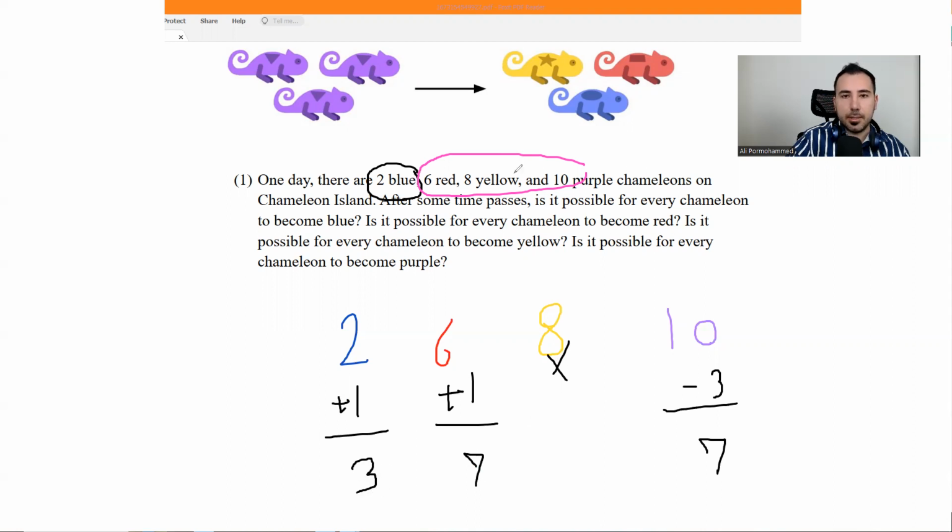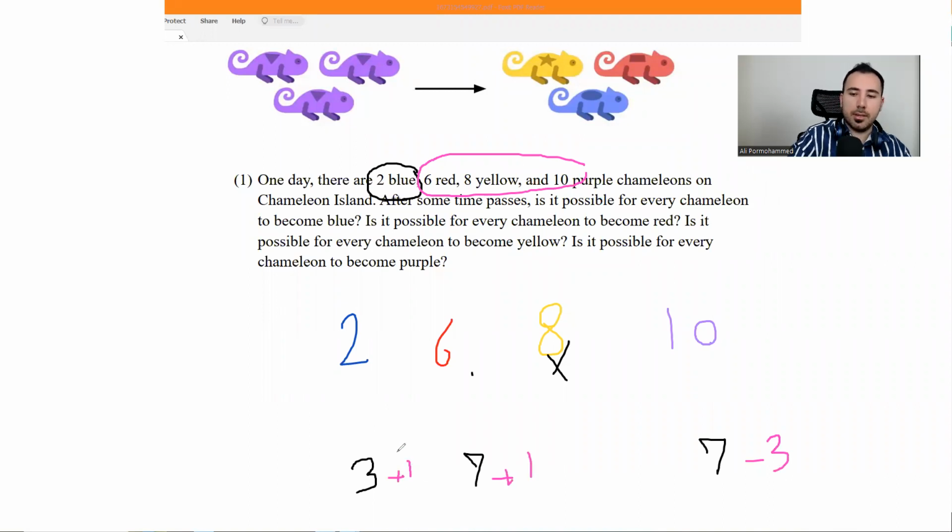Okay. So, and then let's see, with 7, one of the 7s is going to be minus by 3. Okay, this one will be plus by 1. This one will be plus by 1. Okay. So this would be a 4, 8, and a 4.